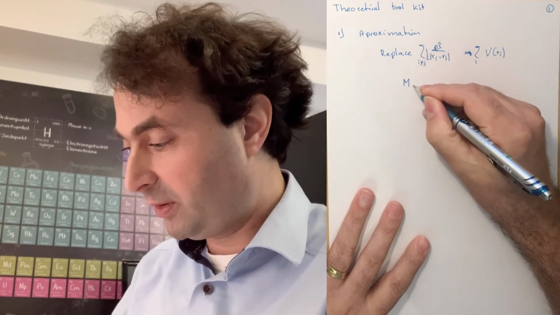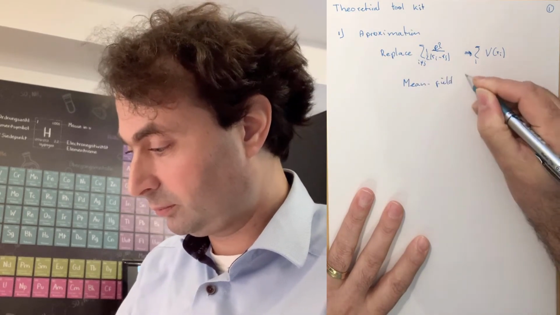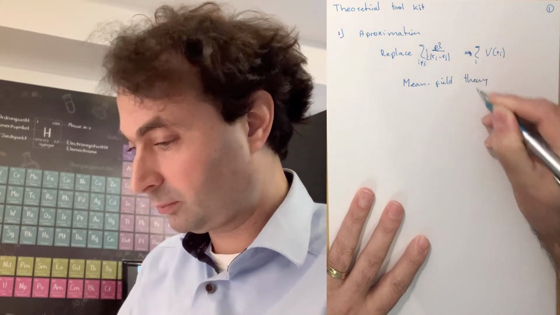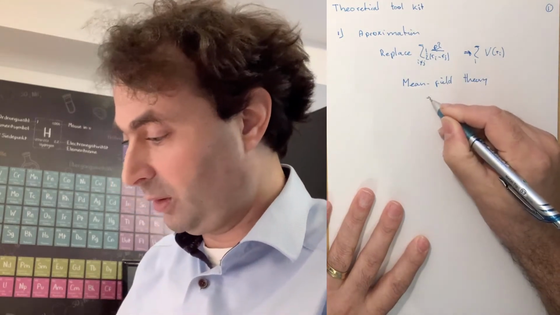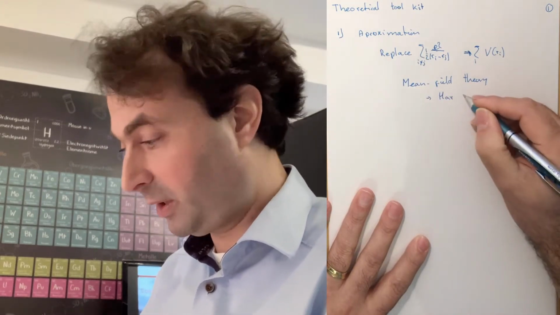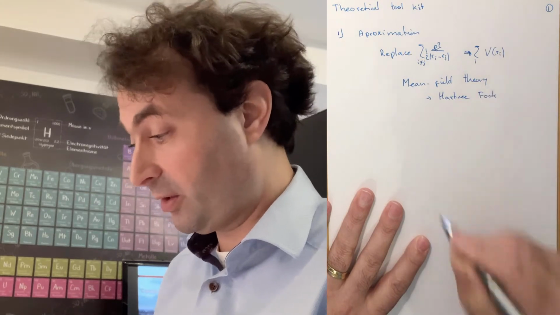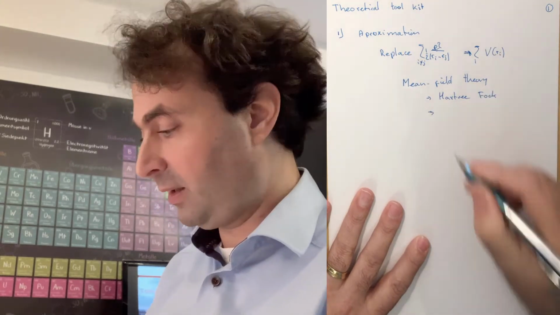This is known as mean field theory. One of the better known mean field methods is the Hartree-Fock approximation, which we will encounter later in this lecture, and density functional theory.